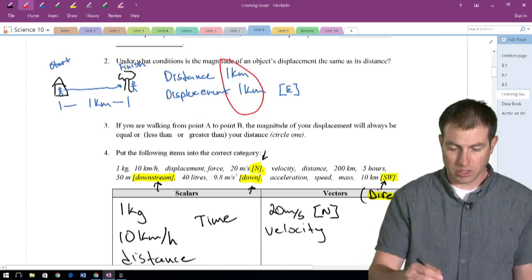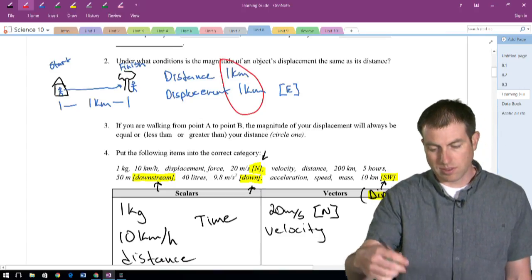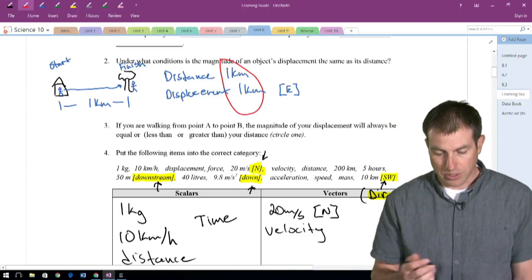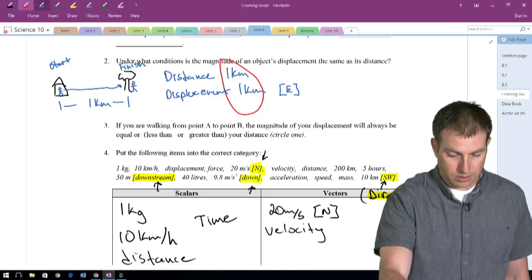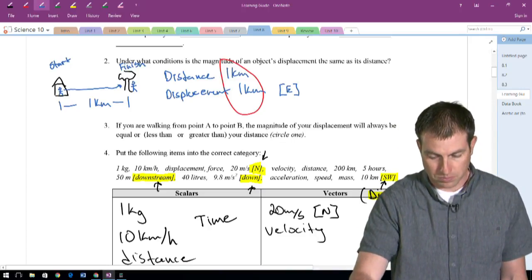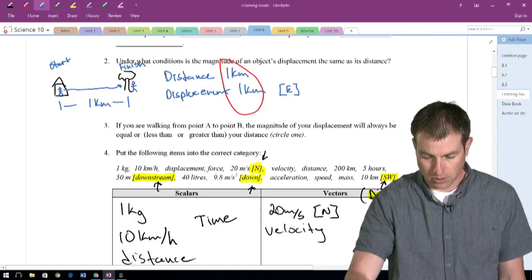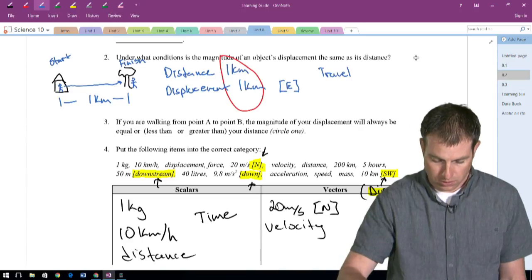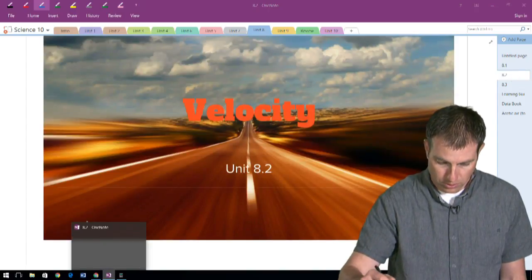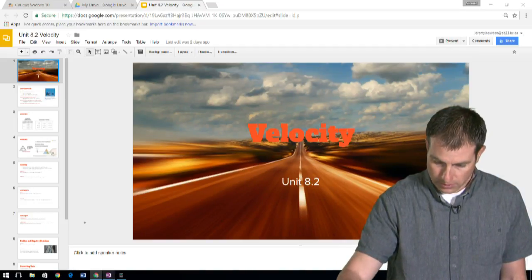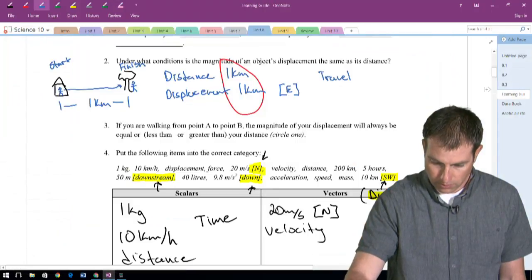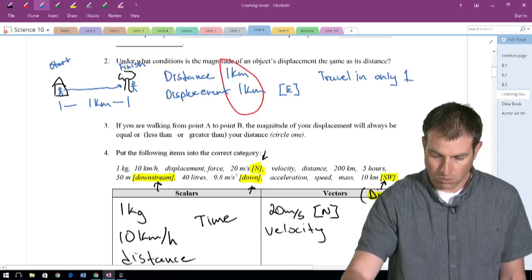They're both 1 kilometer, and the question's specifically asking under what conditions, and you can travel in one direction, essentially. Travel in only one direction.